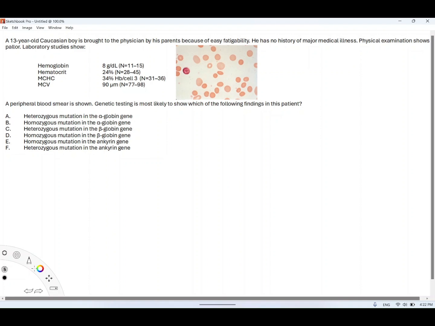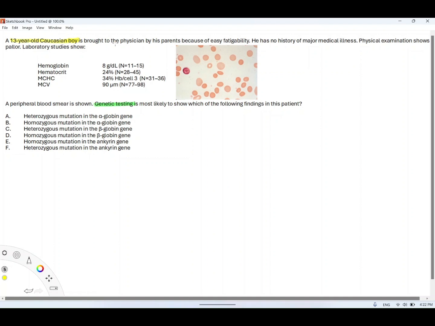Okay, so we're looking for genetic testing. What would genetic testing show? That's our question. But let's see how we are going to diagnose this person. Number one, it's a 13-year-old Caucasian boy. Whenever a boy is mentioned, I think of X-linked unless somebody is distracting you.